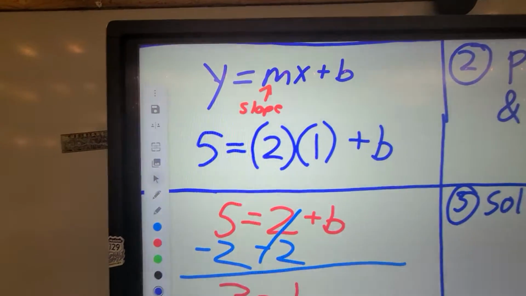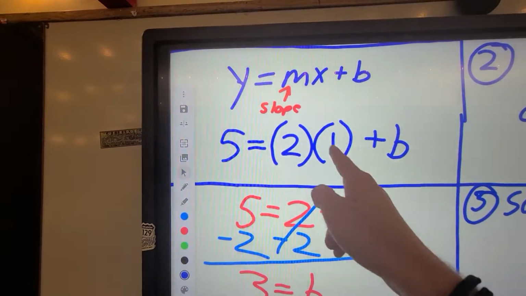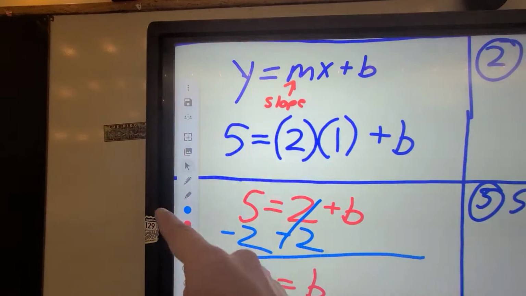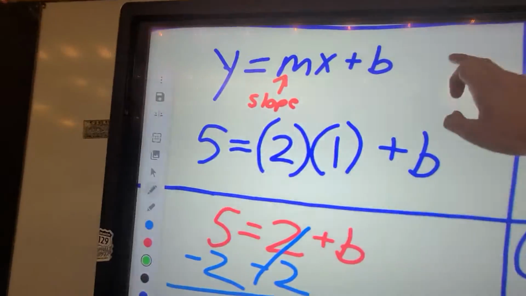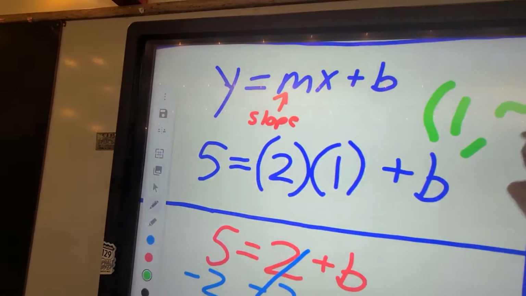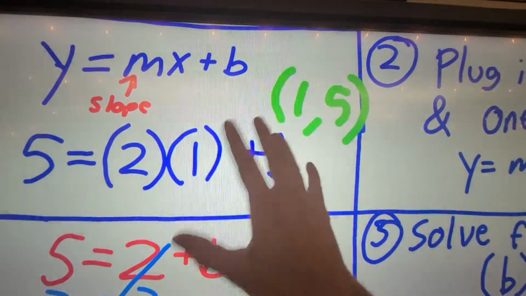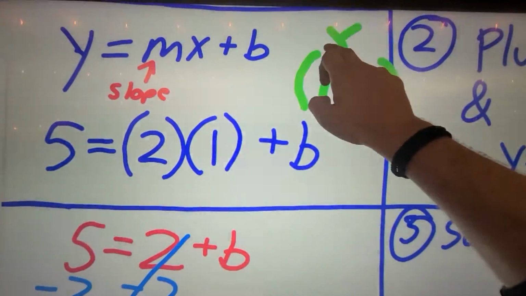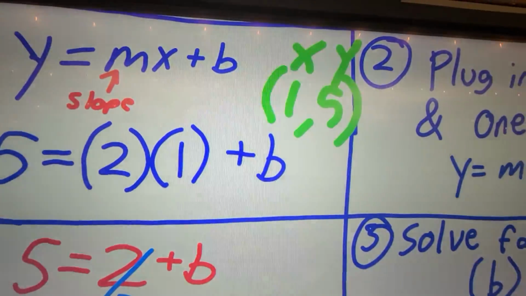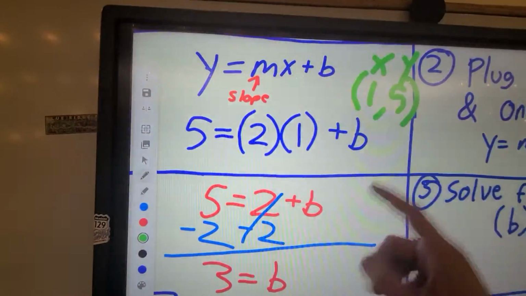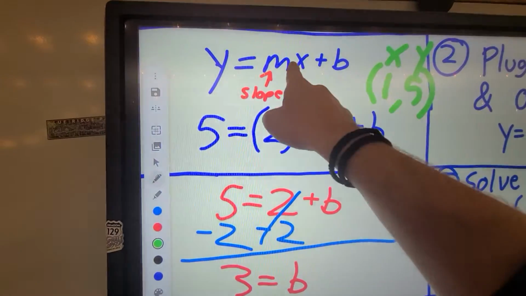The slope we got was 2, and the coordinates we had included 1, 5. That is 1 comma 5. If I have a set of coordinates like 1, 5, the first number is always, it always has been and always will be, my x value. The second one is and always will be my y value.